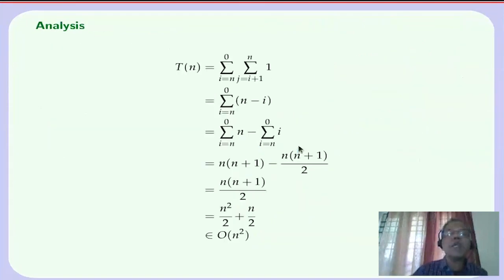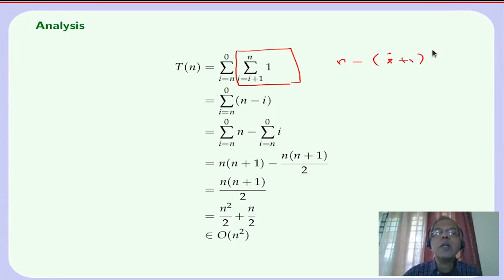Therefore, the running time is this: I varies from n to 0, j varies from I plus 1 to n of 1. And this would be, you may say, n minus I plus 1 plus 1, which is n minus I minus 1 plus 1, which is n minus I. That is one way of writing.